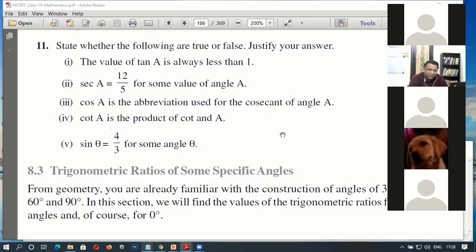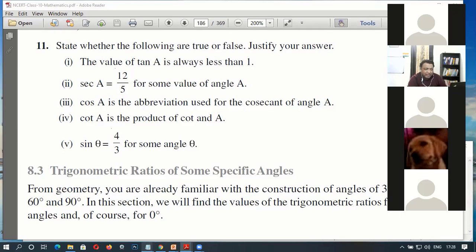Jaivid says false. Abhi says false. Asta says false. Obviously, it is false. Cot A is not the product of those two. It is cot of A, where A is the angle and you take the cot of A. It's not two different terms that you multiply. Cot A means cot of A. A is some angle, and you take the cotangent of that.